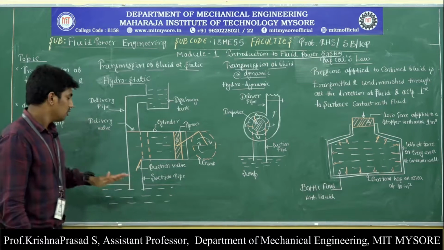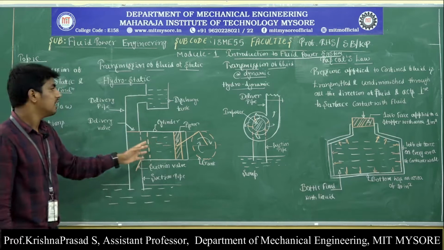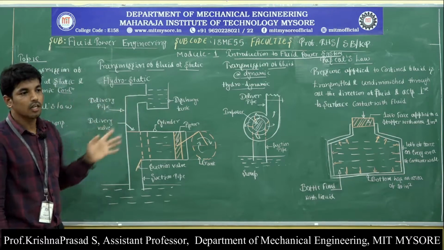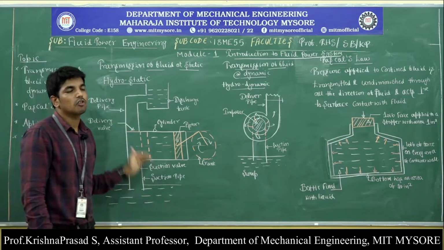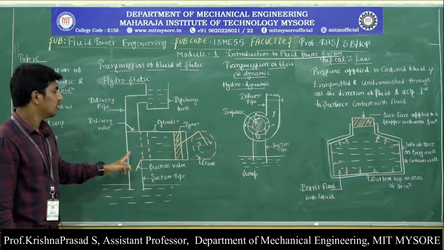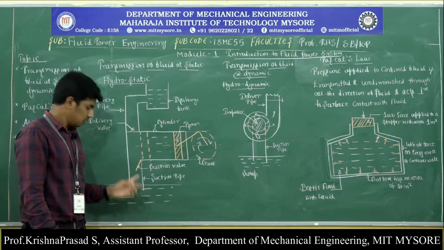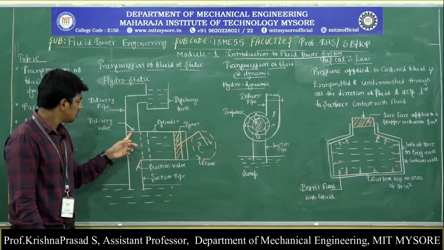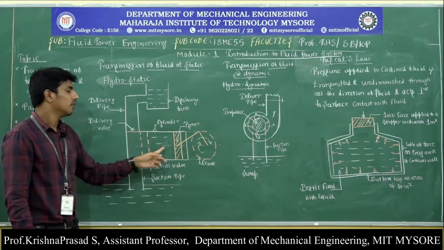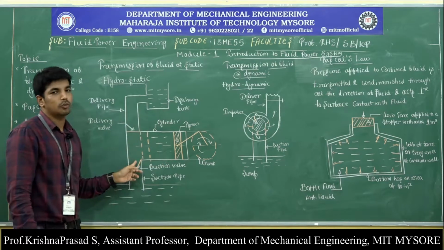The flow first takes place from the sump into the cylinder, later from the cylinder into the discharge tank. Therefore the fluid flow is not continuous, instead it is called discontinuous flow. An internal seal is also required: whenever the fluid flows from the sump into the cylinder, the delivery valve should be closed. Similarly, when the fluid flows from the cylinder into the discharge tank, the suction valve should be closed.